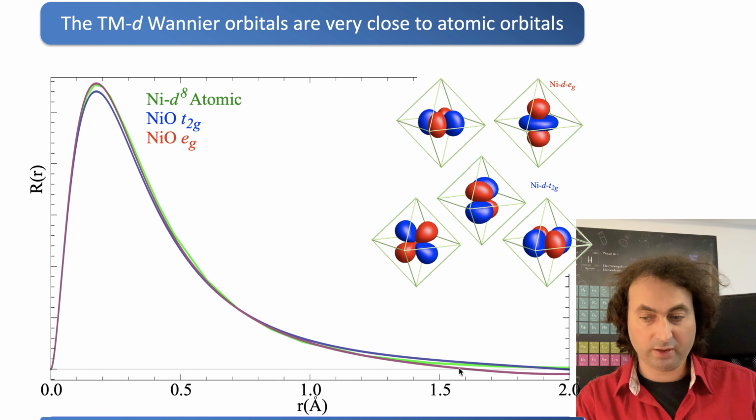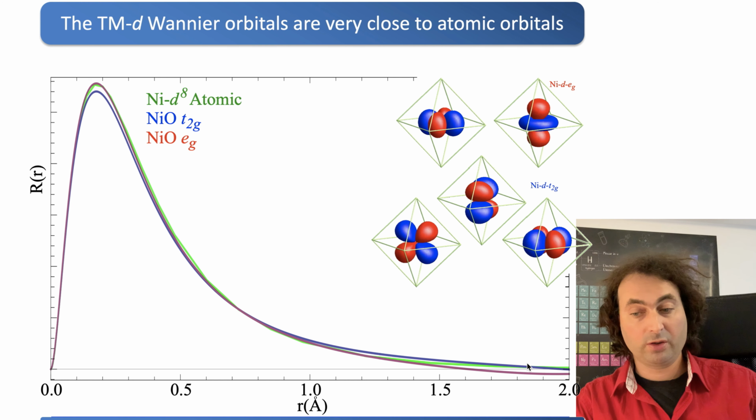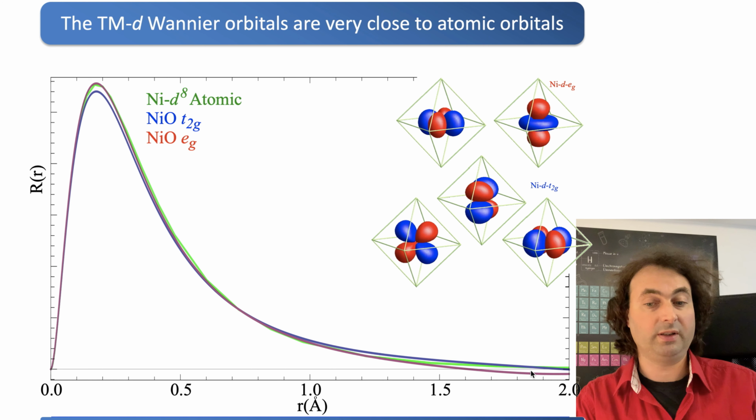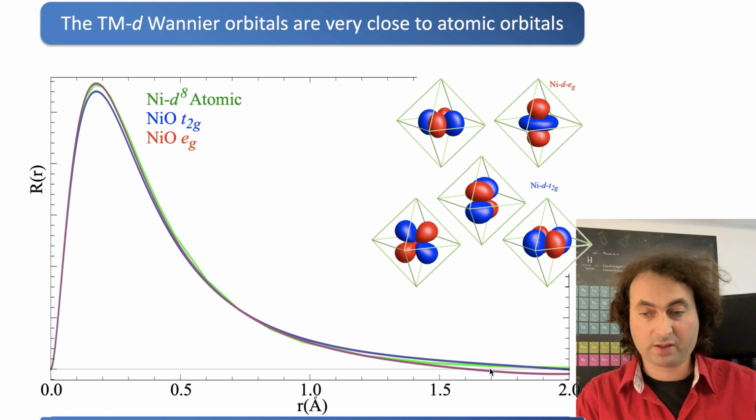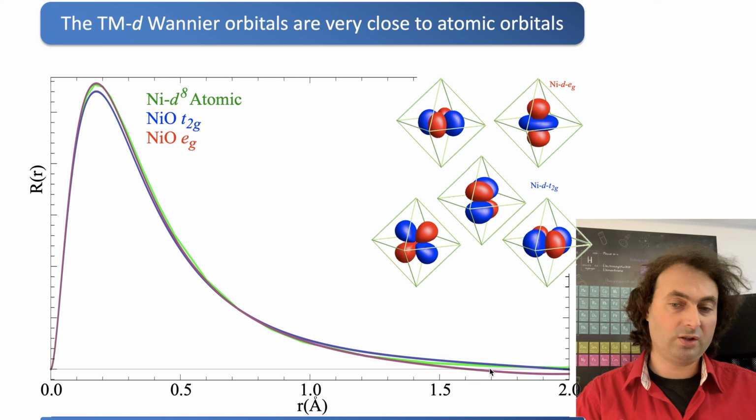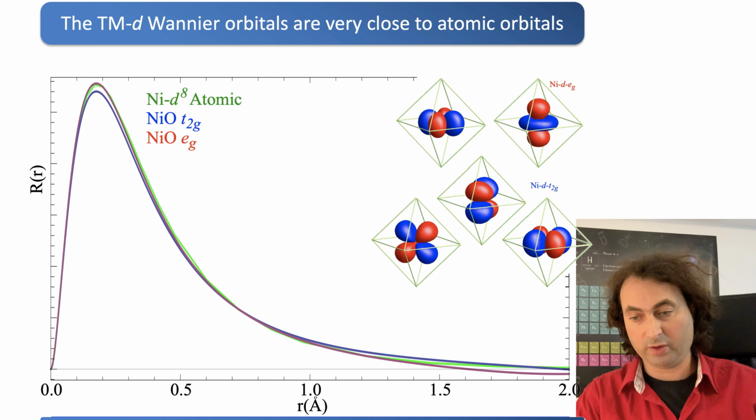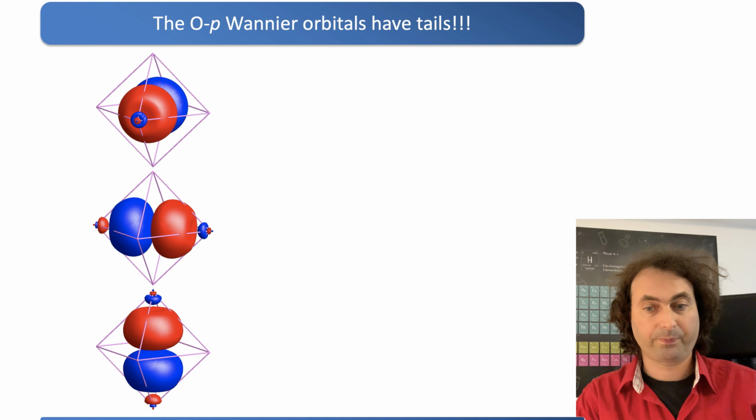So here we have the position of the nearest neighbor oxygen, and that's where you get exactly a node. The t2g orbital has already a node because of its angular dependence, such that the radial wave function does not need to go to 0. Therefore the radial wave function of the t2g is slightly more extended than of the eg. The eg is compressed inwards compared to the atomic wave function.